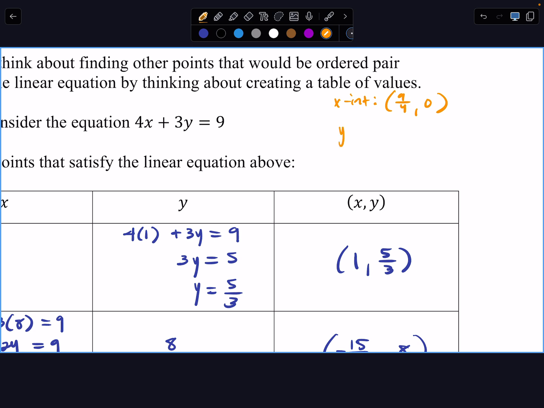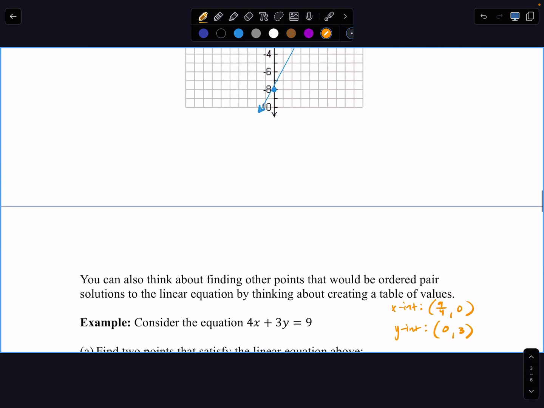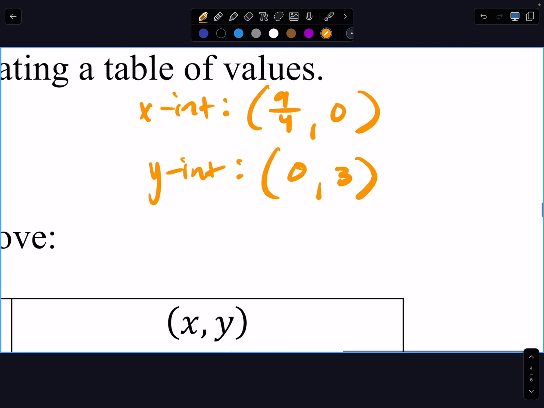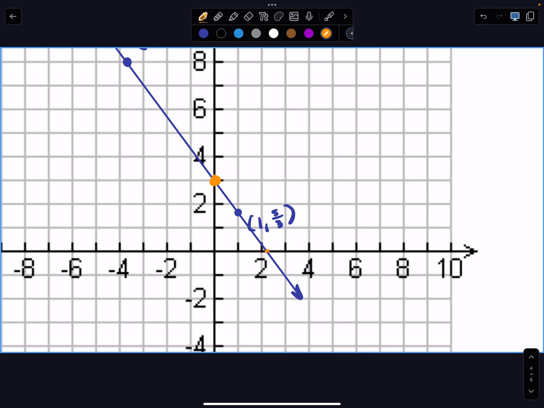And then the y-intercept would be (0, 3). Does that look like that worked out? (0, 3), yeah, that looks like our y-intercept. And then 9/4 would be 2 1/4. Does that look like that worked out? Yeah. 2 1/4 right there.